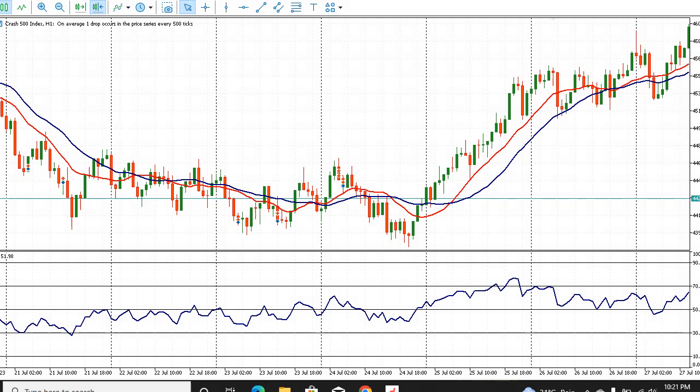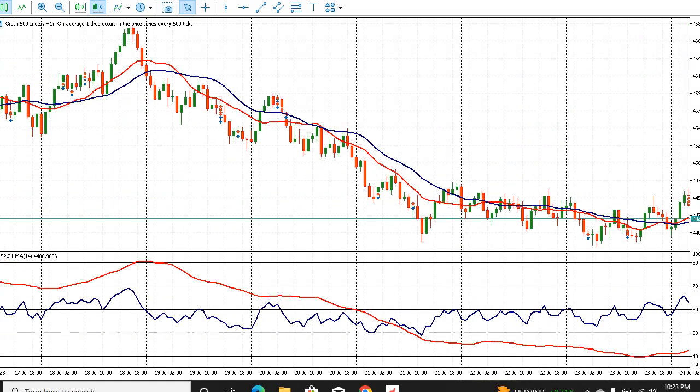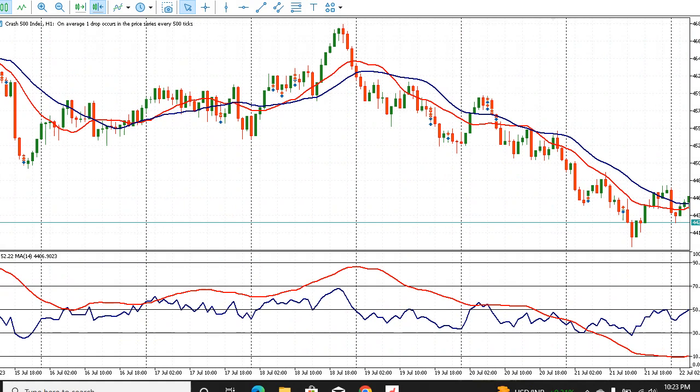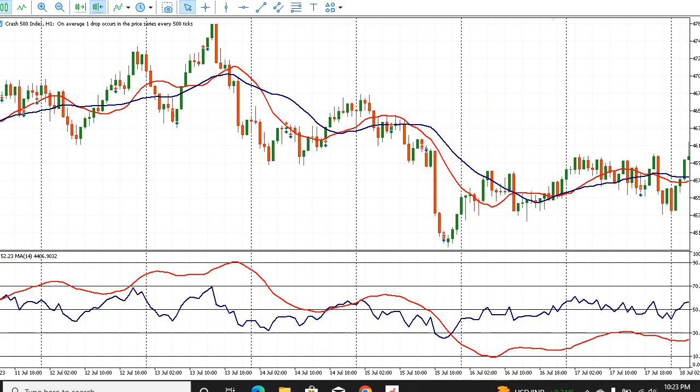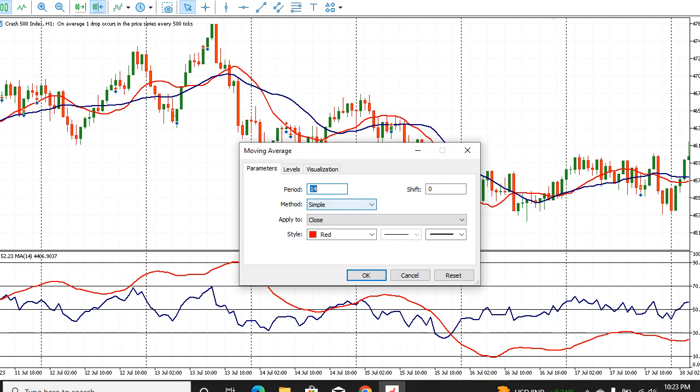Let's go right here, and this is that particular moving average 14. What we have here is a simple moving average 14. That is what we'll have below.